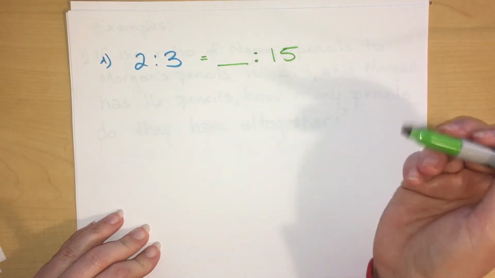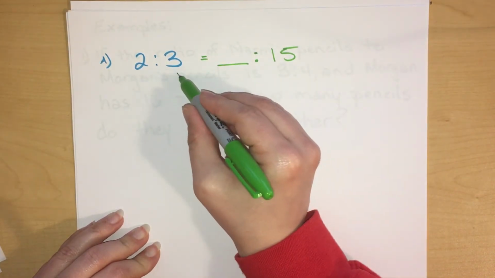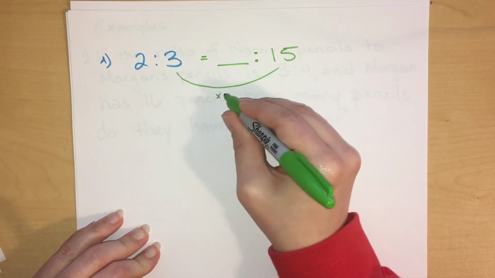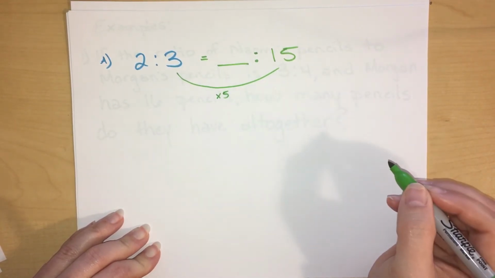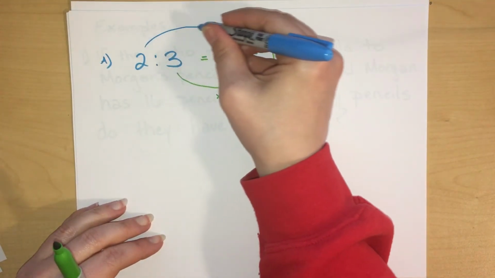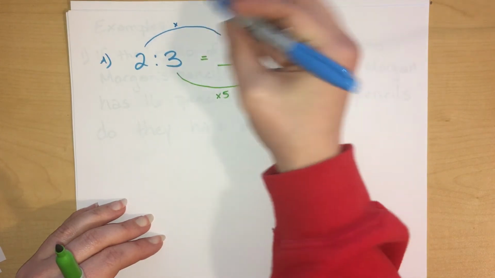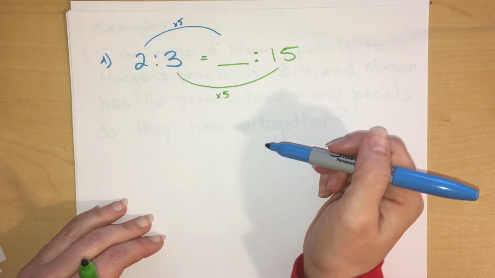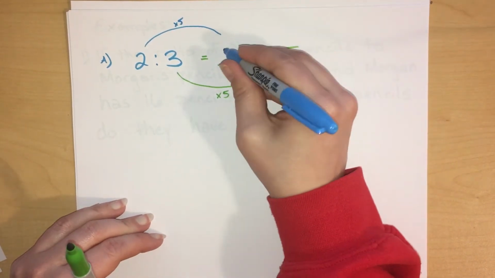We need to figure out what the scale factor is. How did I get from 3 to 15? I would have multiplied it by 5. What I do to the one side, I have to do to the other. So if that was times 5, this side has to be times 5. So 2 times 5 is 10.